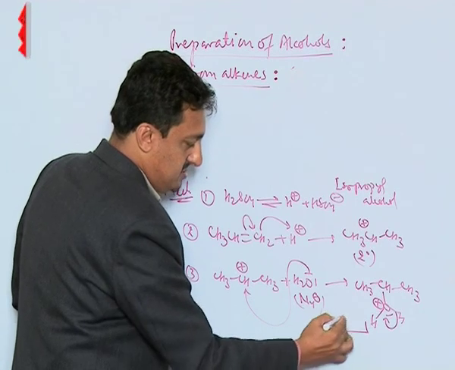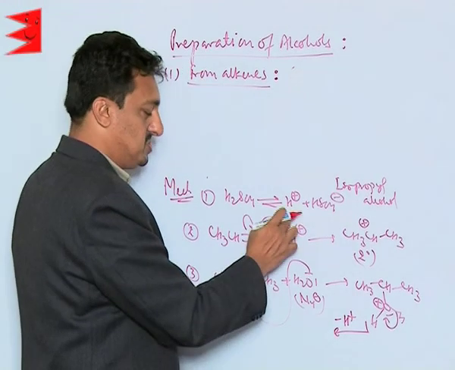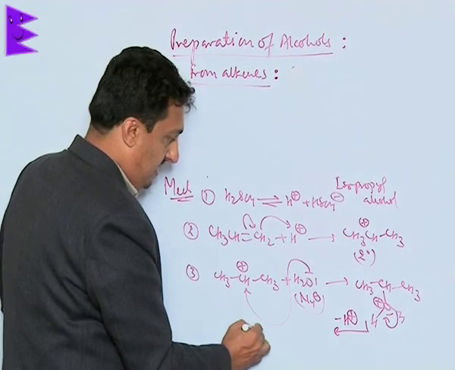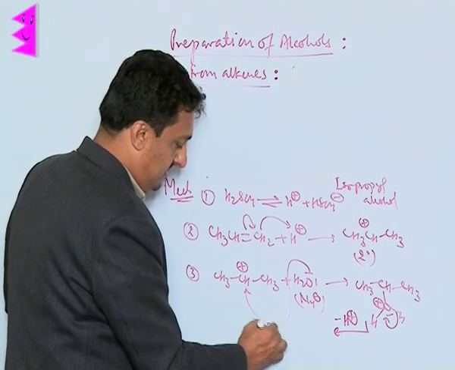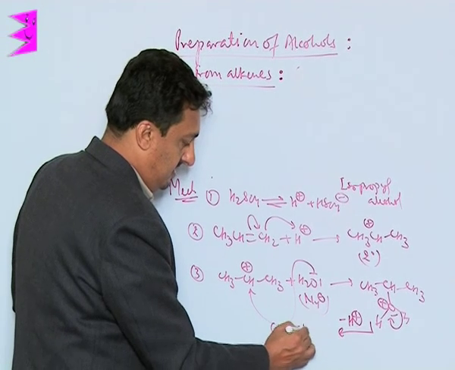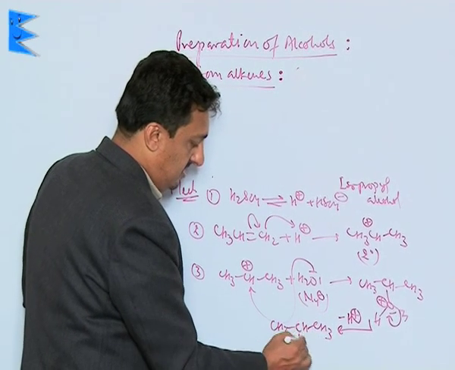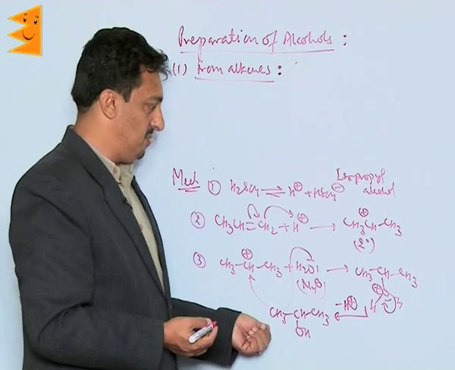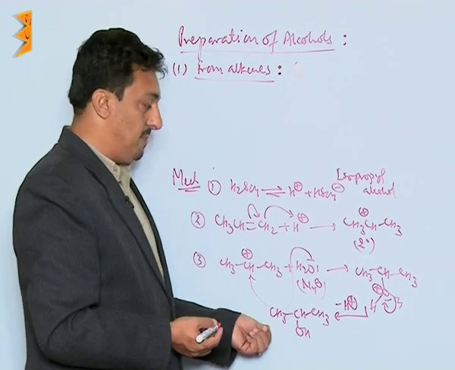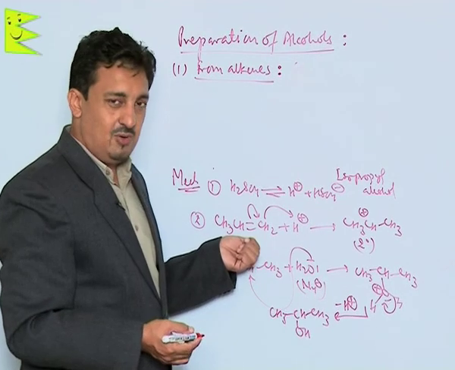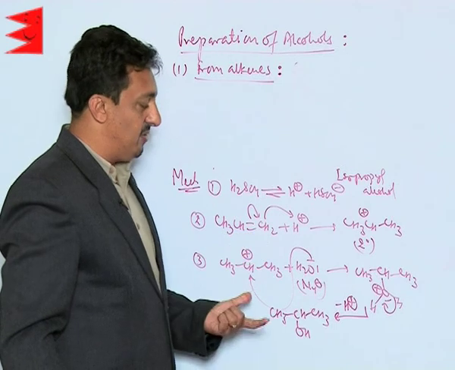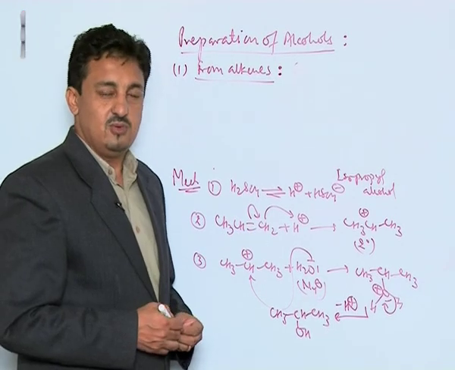So this H comes out, so it's minus H plus, so whatever H we have got is regenerated back, given out back, and what we get at the end is CH3, CH, CH3, OH. So this is the preparation of isopropyl alcohol, in which the electrophilic addition of the water molecule takes place, and the OH in the final product is as per Markovnikov's rule.